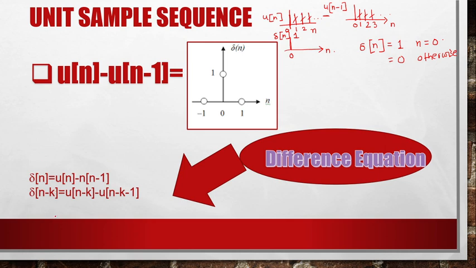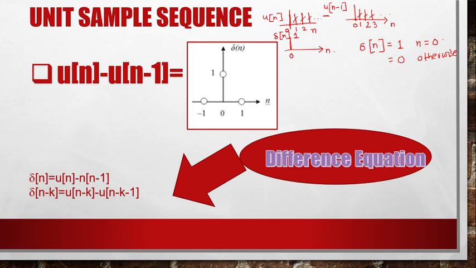So if I want to write the generalized value of delta[n-k], I can write it as u[n-k] minus u[n-k-1], which will give us delta[n-k].